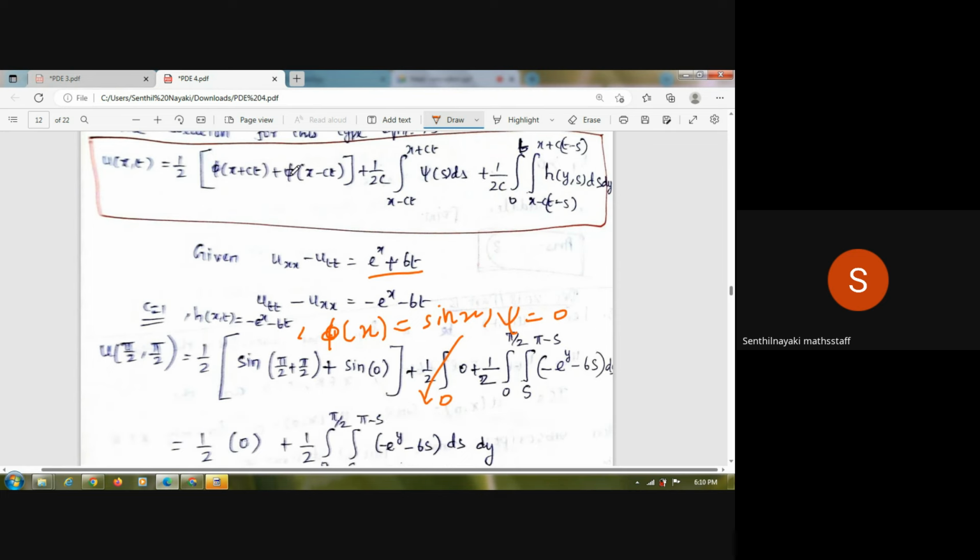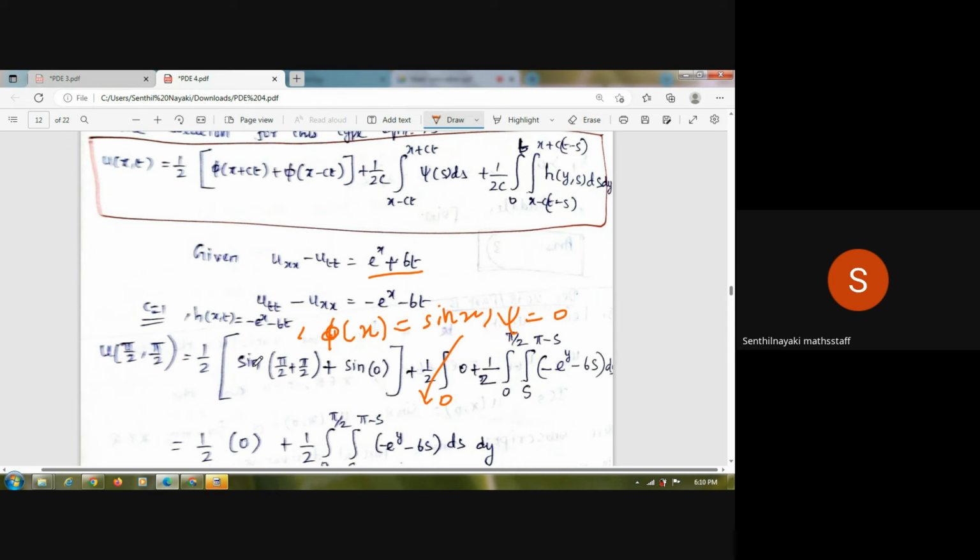So instead of φ(x+ct), c value is 1. So φ(x+t) plus φ(x−t). So what will we get? The x value is π/2, the t value is π/2. So it is easy to write down.